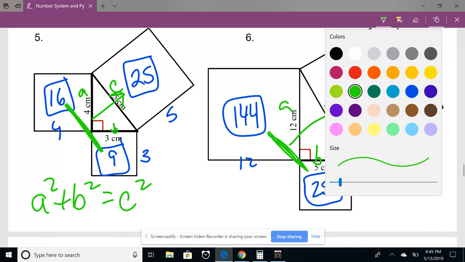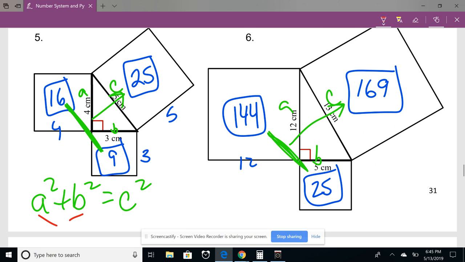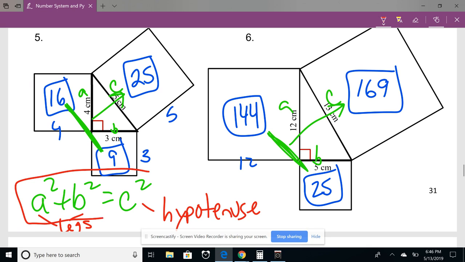These are our legs. This is our hypotenuse. Whenever you square the legs and add them together, it's going to equal the hypotenuse squared. That is what's called the Pythagorean Theorem, and it applies to all right triangles.